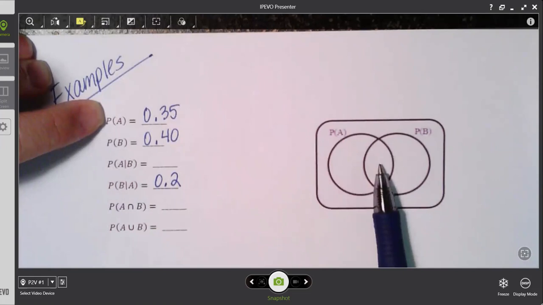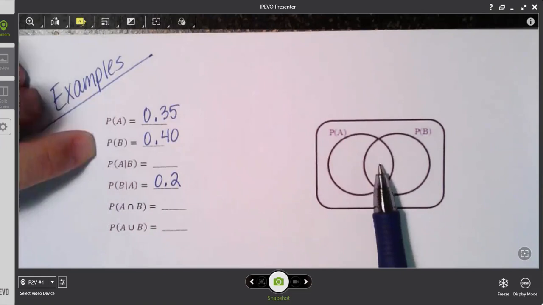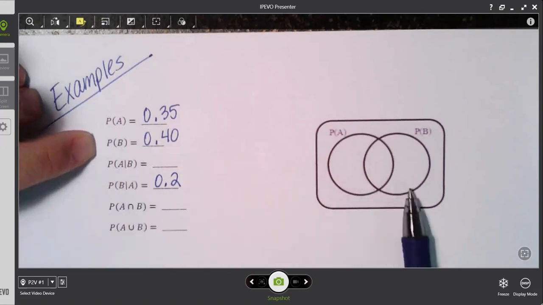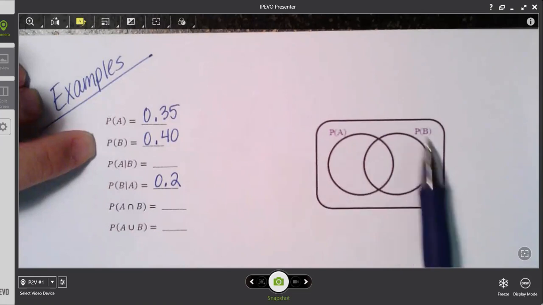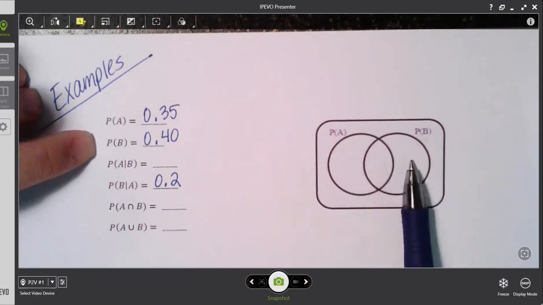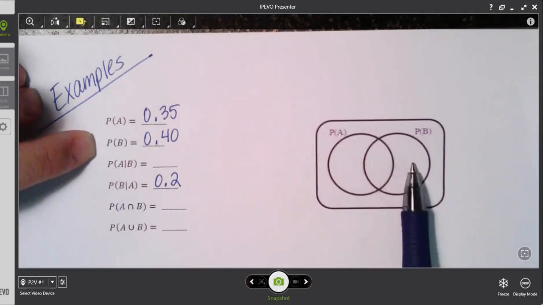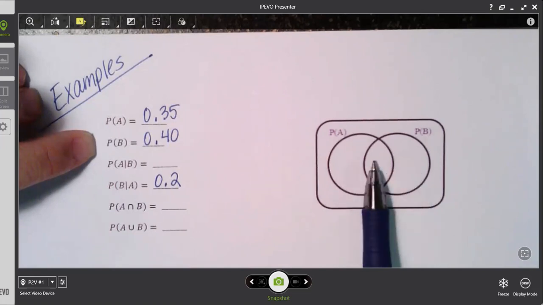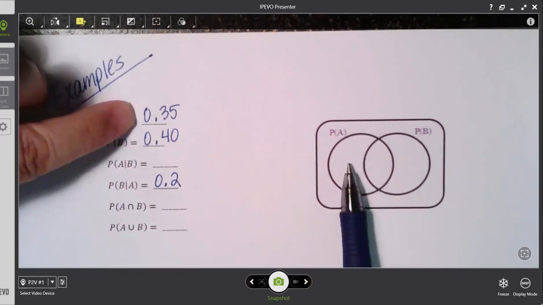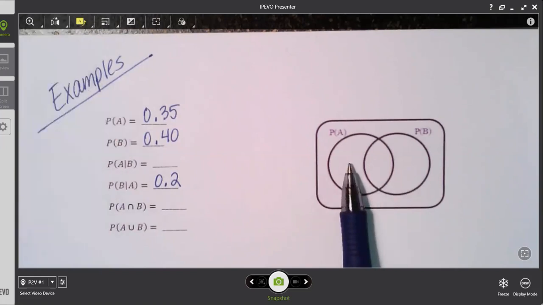Same thing goes for this one. This is the probability of being anywhere in the circle B. So that 0.40, that's the probability of being here or here. So I have to figure out what these two pieces are. They will add up to 0.4 because altogether the probability of being in circle B is 0.4. Same thing with over here. These two parts will add up to 0.35 because the probability of being in A altogether is 0.35.